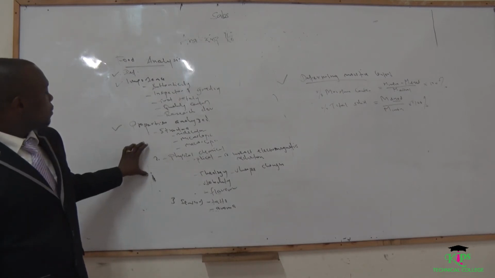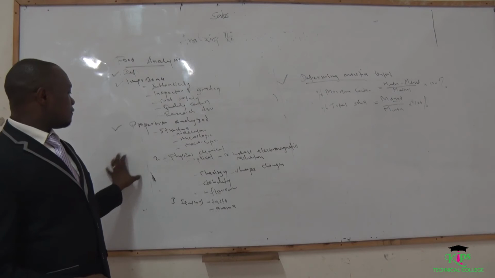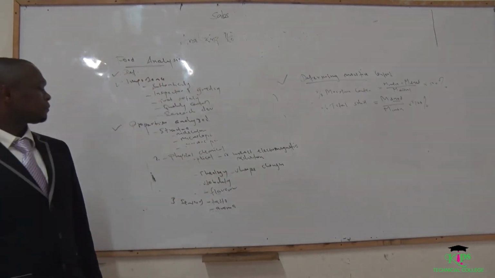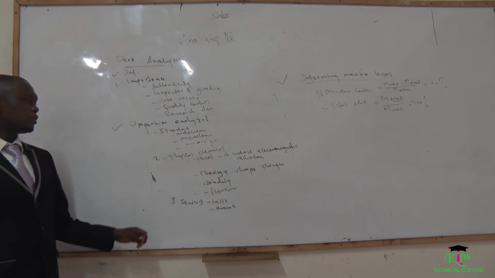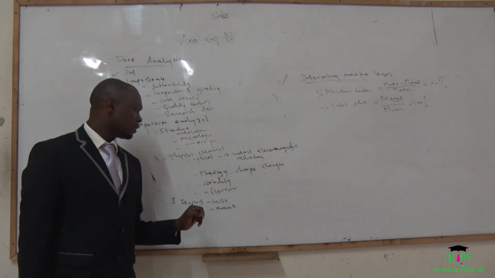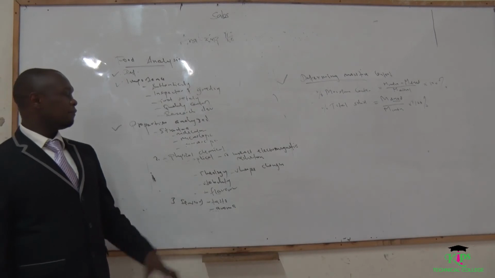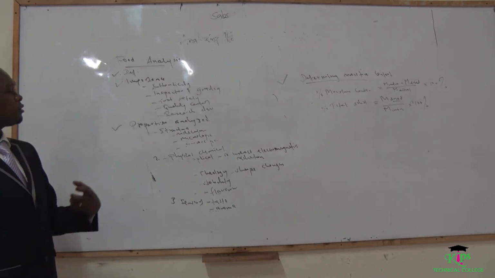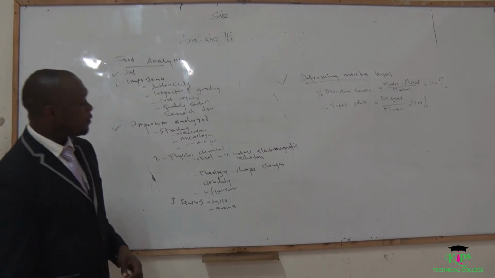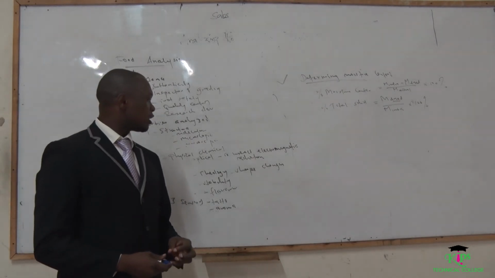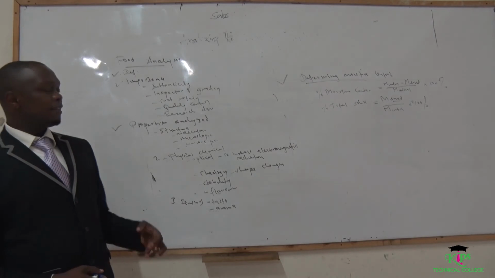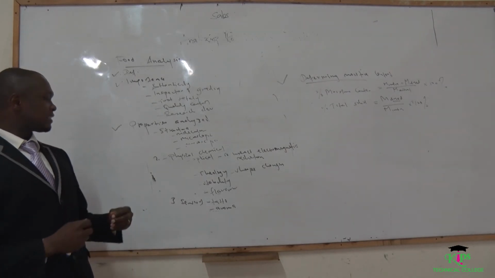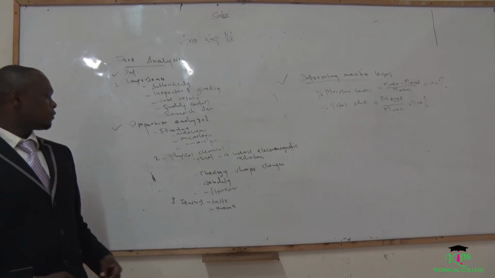Number two, we also analyze the physical and chemical properties of the food. This includes the optical features, rheology, stability, and the flavor. When we talk about optical property, we talk about the interaction of the food with electromagnetic radiation in the spectrum, so as to know and understand the main components of the food.